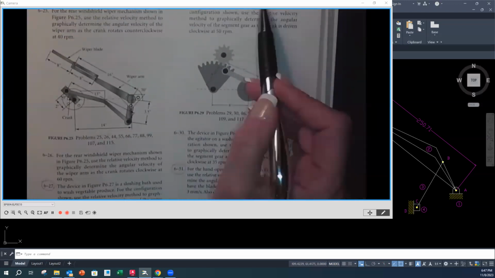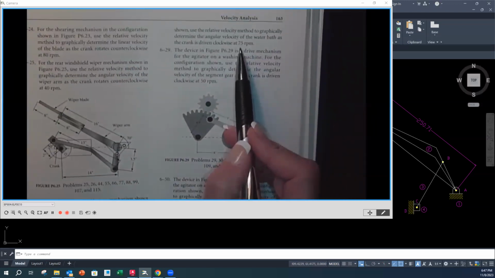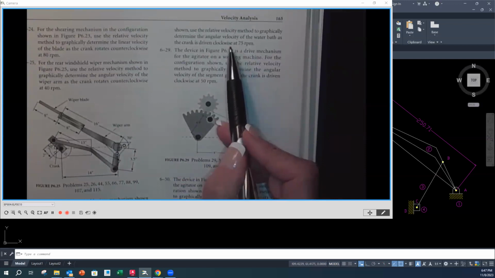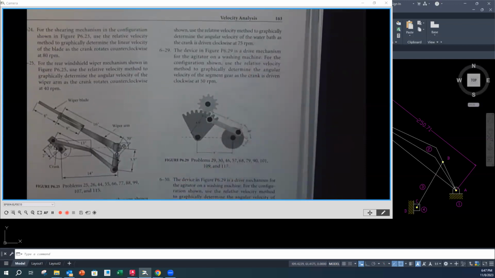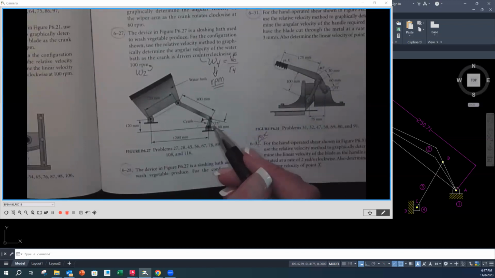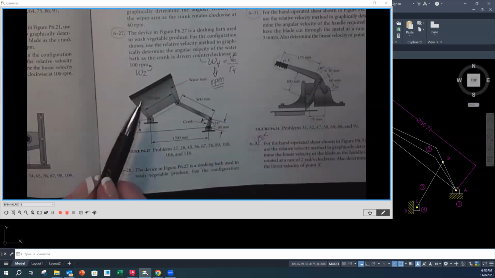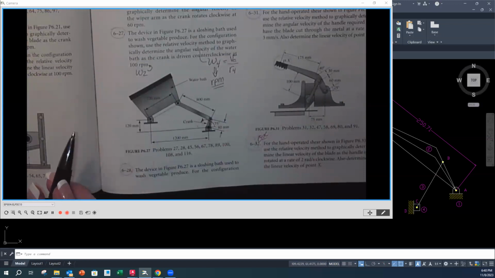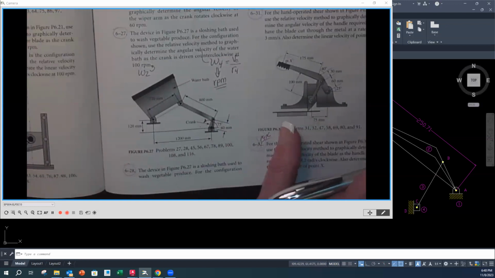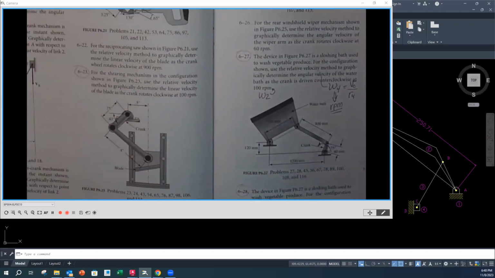So in this case, your rotational speed of the crank is going to be 75 RPMs going in a clockwise direction. Okay. And so you'll be going this way instead of counterclockwise as problem number 27 did. Okay. But same process.